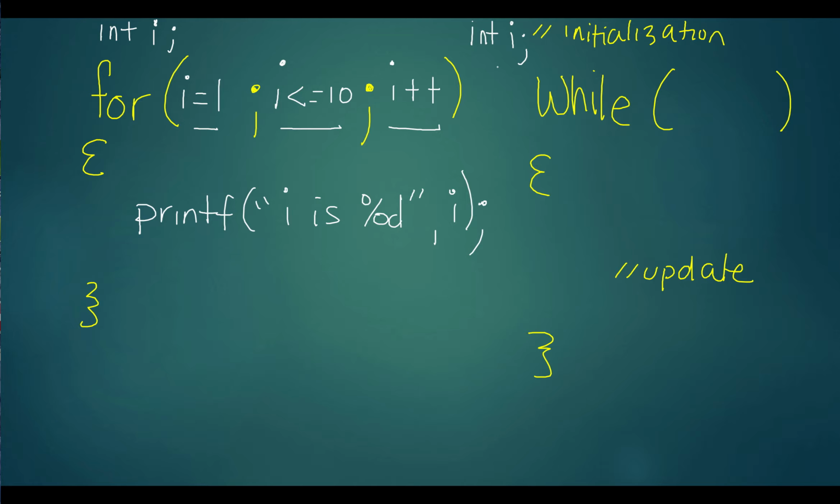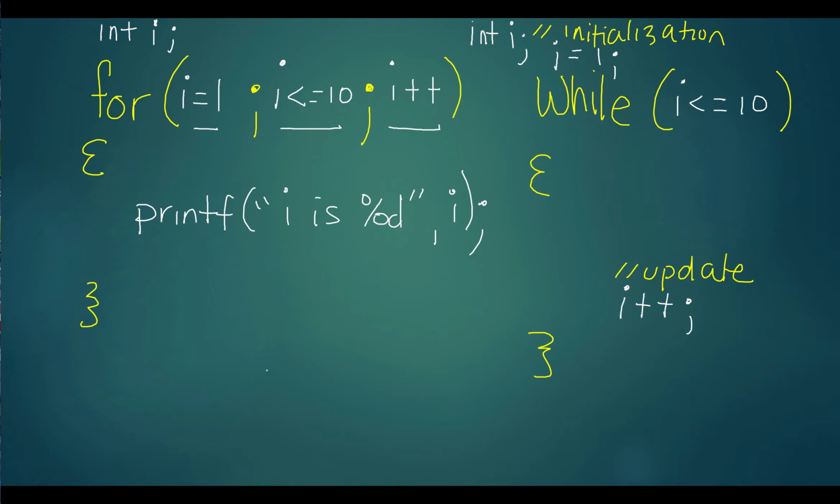So we have our variable i. With the while loop, we would initialize it before the loop, i equals 1. Then the test condition goes inside of the loop header, i less than or equal to 10. And then the update goes inside of the loop body. So we're going to update i plus plus.